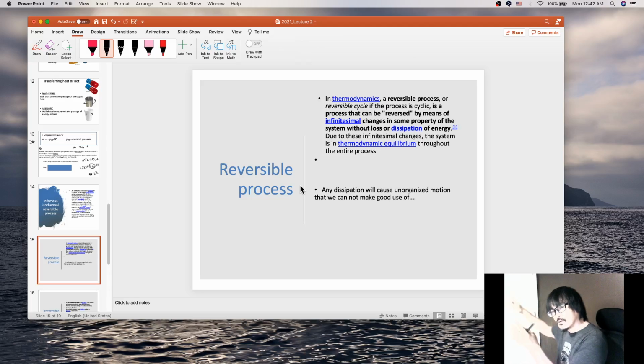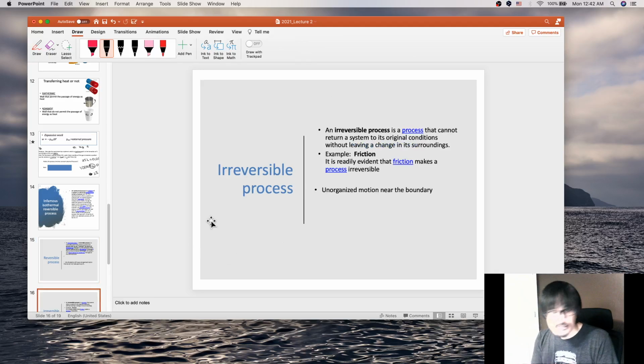So compared to the gas that's moving on average at 300 meters per second, my door is moving so slowly that it doesn't really disturb the motion of the air right here. Generally speaking, it's a reversible process. It's so slow that it doesn't really cause much of a disturbance on the system or surroundings. Those are reversible processes. Then what's an irreversible process?